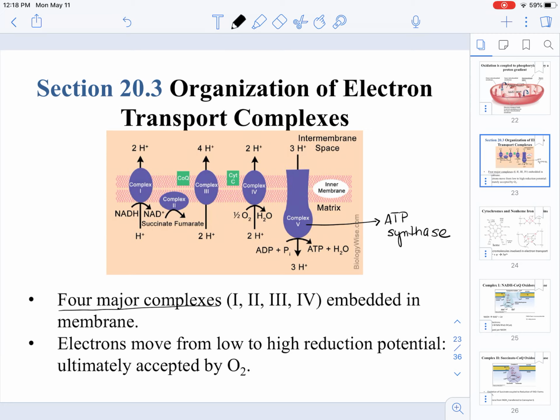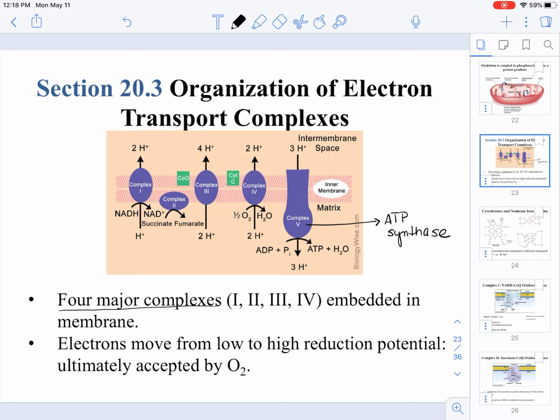And you're going to see how overall this complex 5 creates the ability of those protons to come back into the matrix in order to balance out the proton gradient that was created, and that's how the ATP is synthesized, along with the water molecule once oxygen accepts electrons.